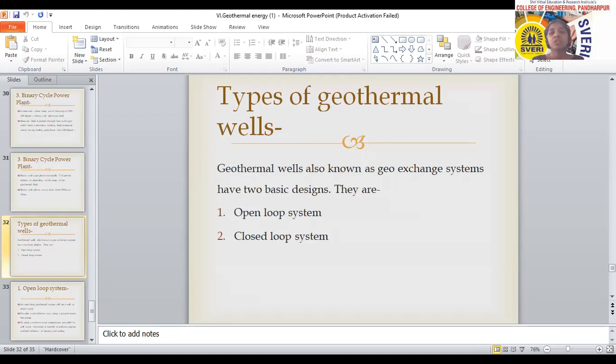In case of geothermal energy, an open loop system means whenever you are utilizing the heated water or heated liquid that is coming from the underground, that heated water is utilized at the earth surface, that means for any application. After utilizing, that water is not returned back to the underground. That water is transferred to another type of well.